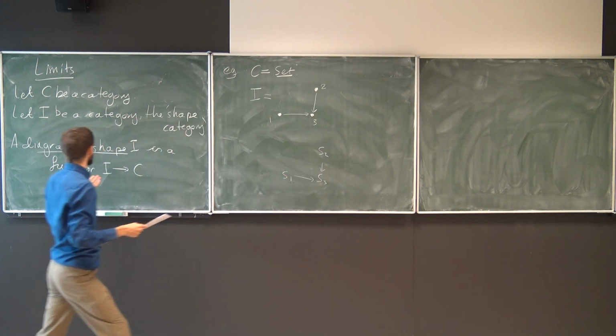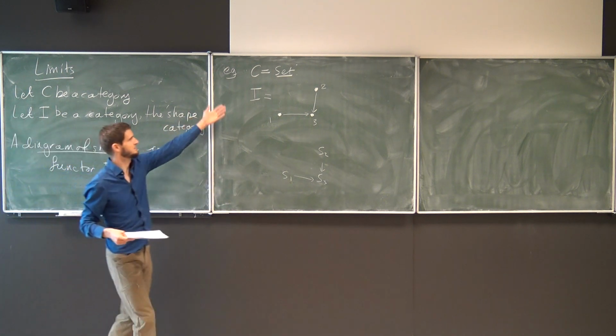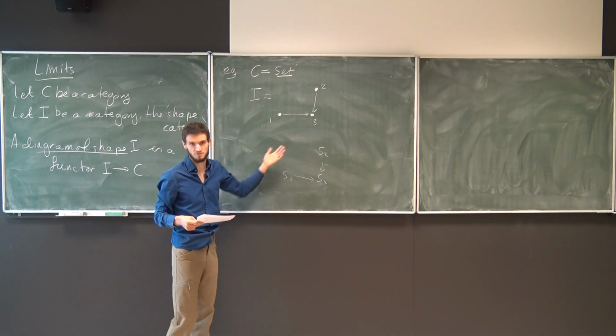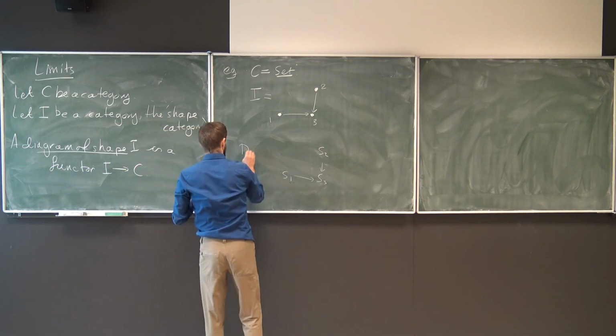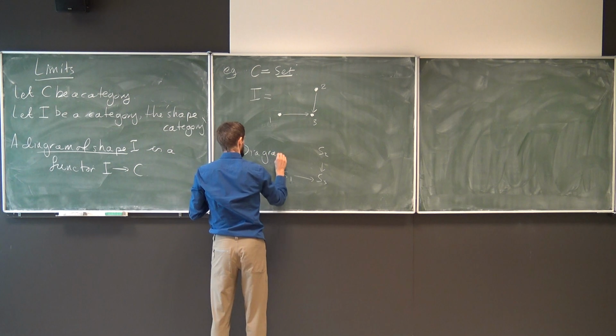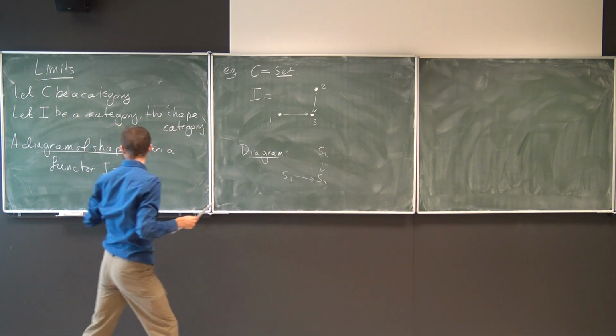Hopefully this makes the terminology seem reasonable. To give a functor from this I to C is really the same as to draw a diagram of this shape. Of course, there's nothing particularly special about this shape. You could also choose any other category I.